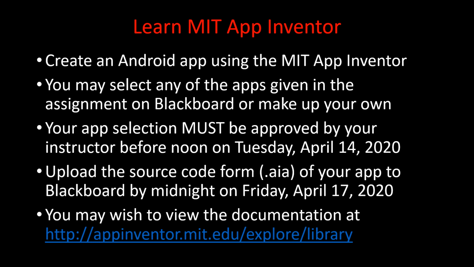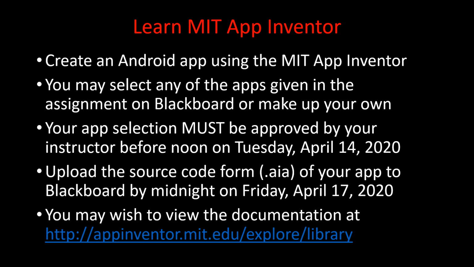You can select one of those or make up your own, but whichever selection you pick, one that's listed or one of yours, it must be approved by your instructor before noon Tuesday, April 14th. So send them an email, tell them which one you want to do. Obviously, everybody is not going to be allowed to do the same app.